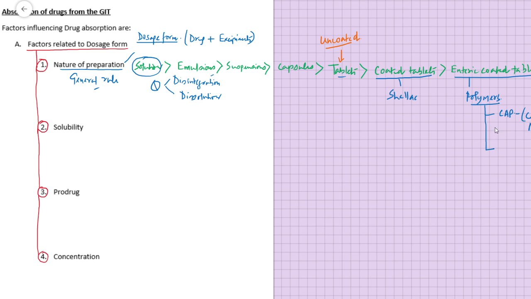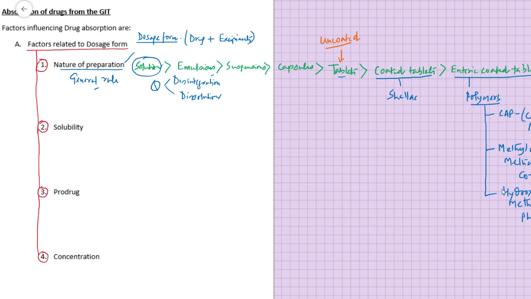There are other examples of polymers like methacrylic acid polymers, methacrylic acid copolymers, and the other familiar example would be hydroxypropylmethyl cellulose phthalate.